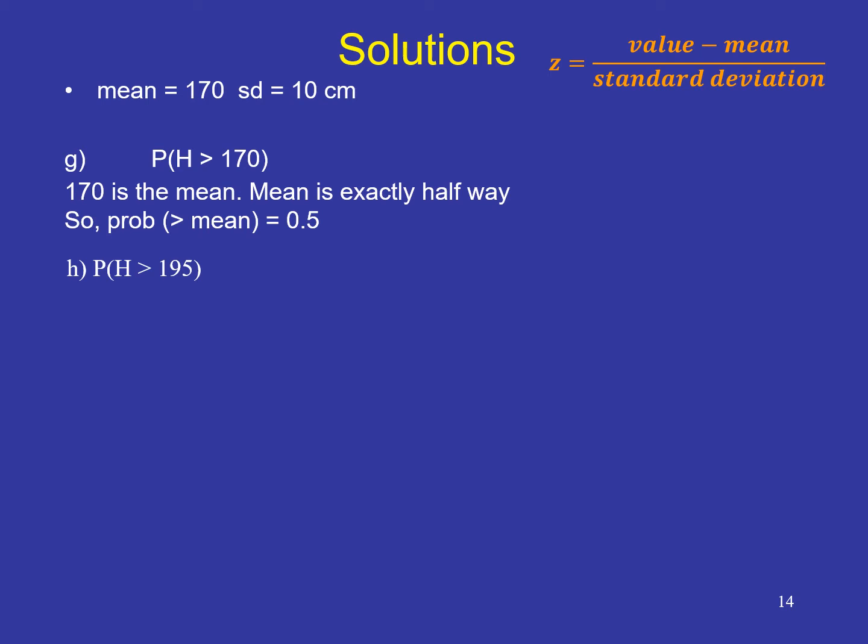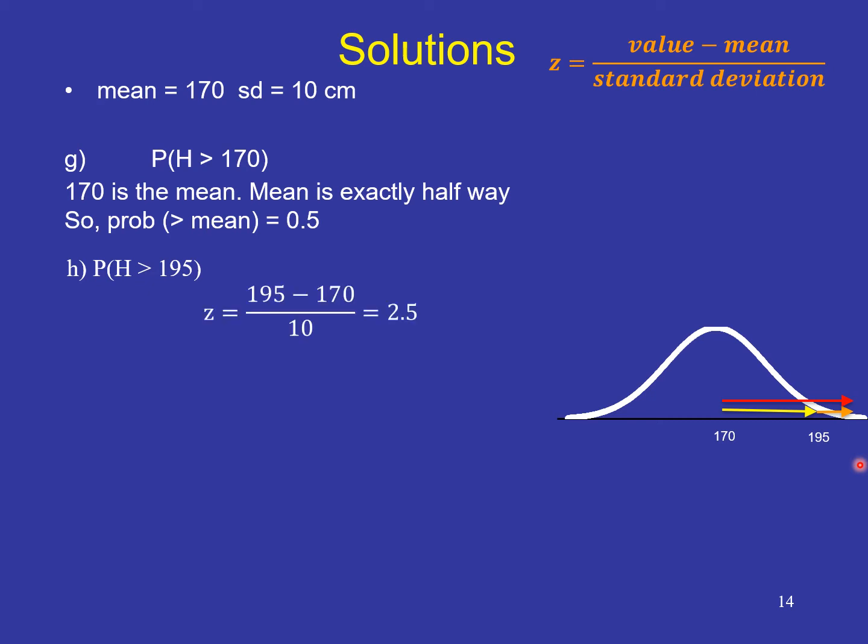Part H, the probability that someone is greater than 195. Let's consider this on the graph. We want the probability of greater than 195, so this small region here. The Z value corresponding to 195 is 2.5.